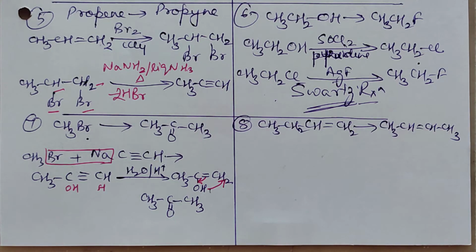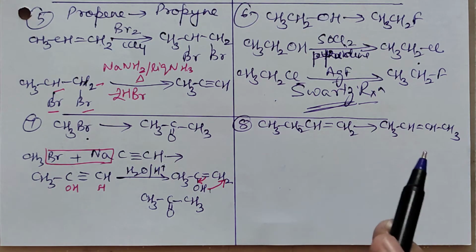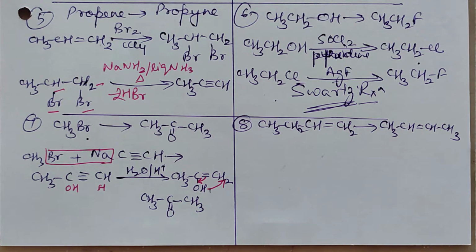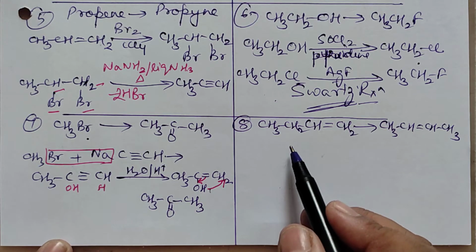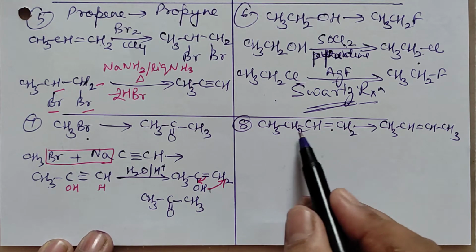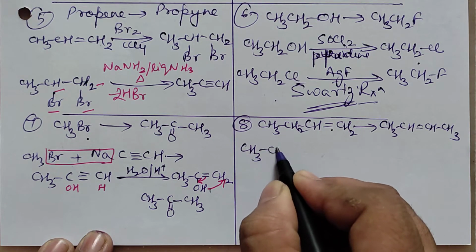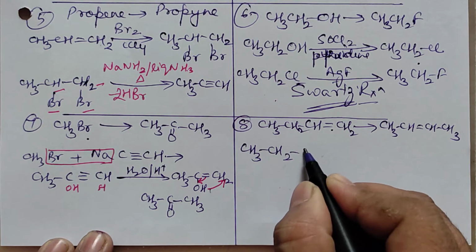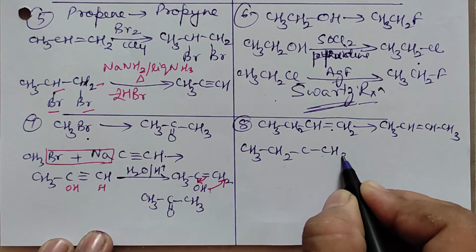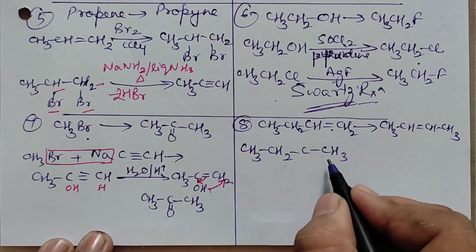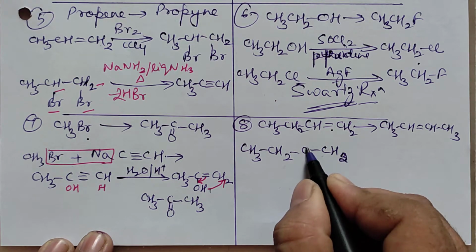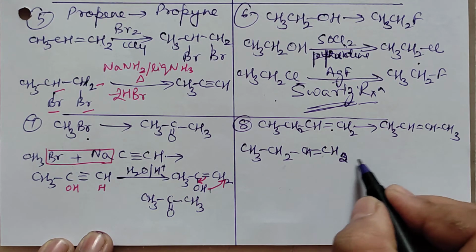The next conversion is but-1-ene to but-2-ene. That means you want to shift the position of the double bond from 1 to 2. You add on HBr first. CH3, CH2, let me write down first, butene only.